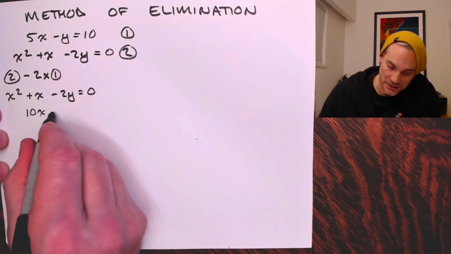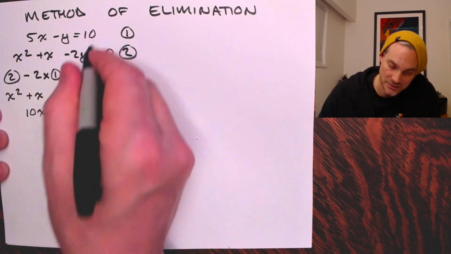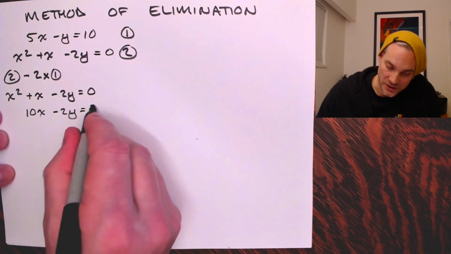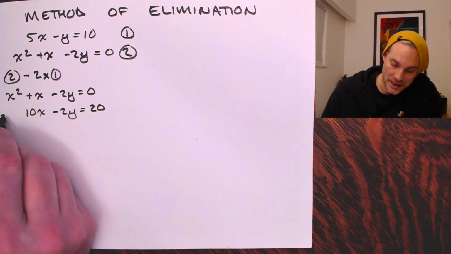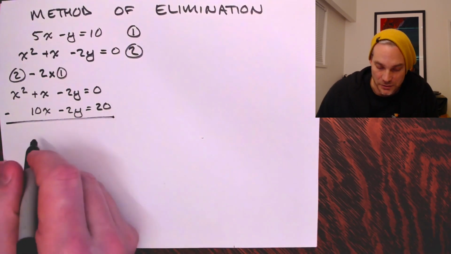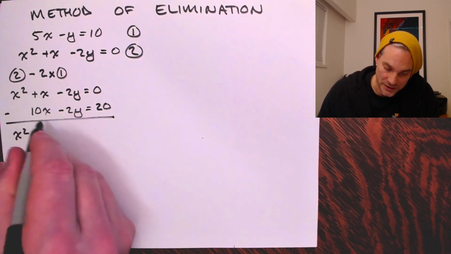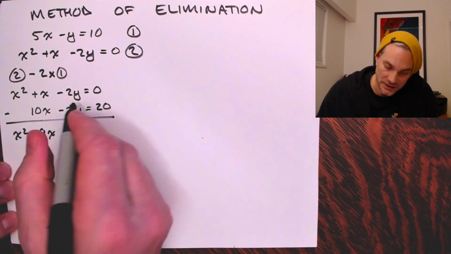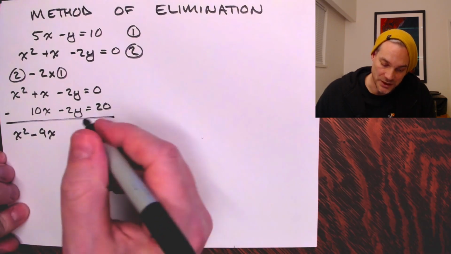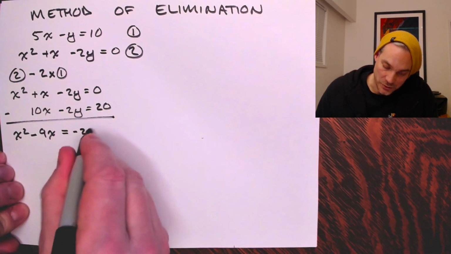I multiply this, and then I have minus 2y, and that equals, times that by 2, is 20, and I'm going to subtract the whole thing. So if I subtract the whole thing, now what I get is x squared minus, so 1x minus 10x is minus 9x, and then the 2 y's, those disappear. And then it equals minus 20.